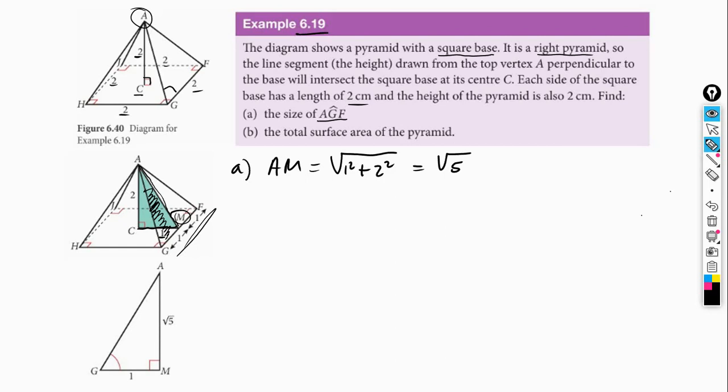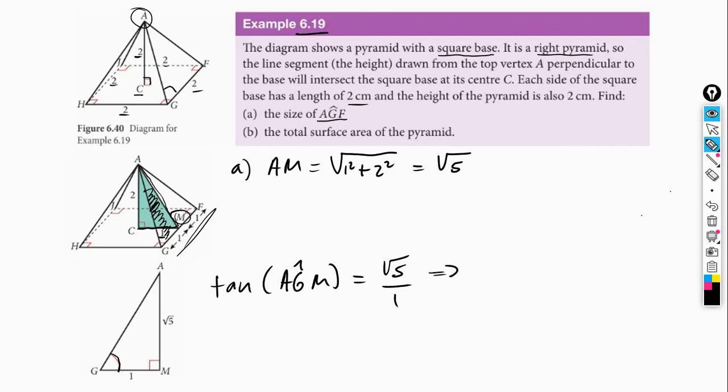So here we have AGM, and we're going to use the tangent ratio to find the angle AGM, which is this one over here. So we use tangent, as I said, tangent of angle AGM is equal to the square root of 5 over 1, opposite over adjacent.